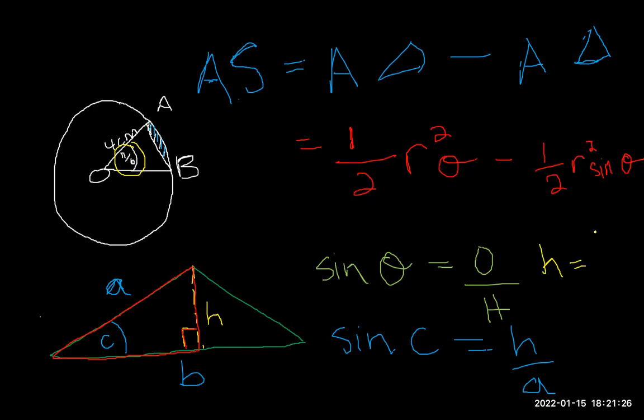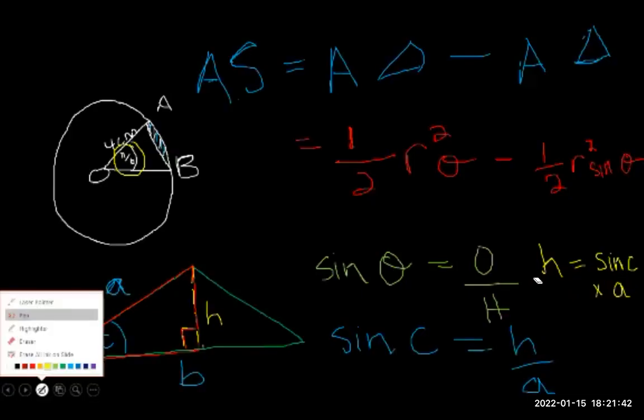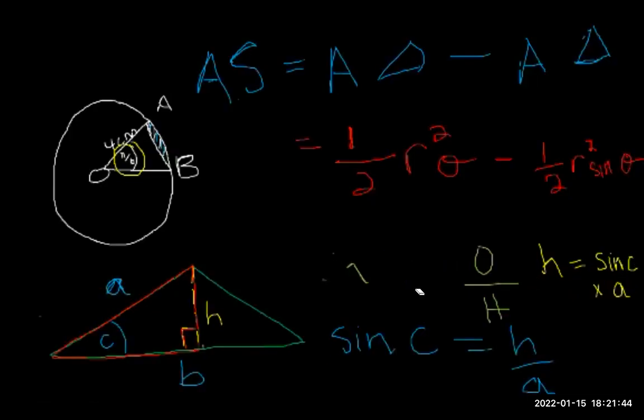You can multiply both sides by A. So H is equal to sine C times A. Good job. We just found out H is equal to sine C times A.